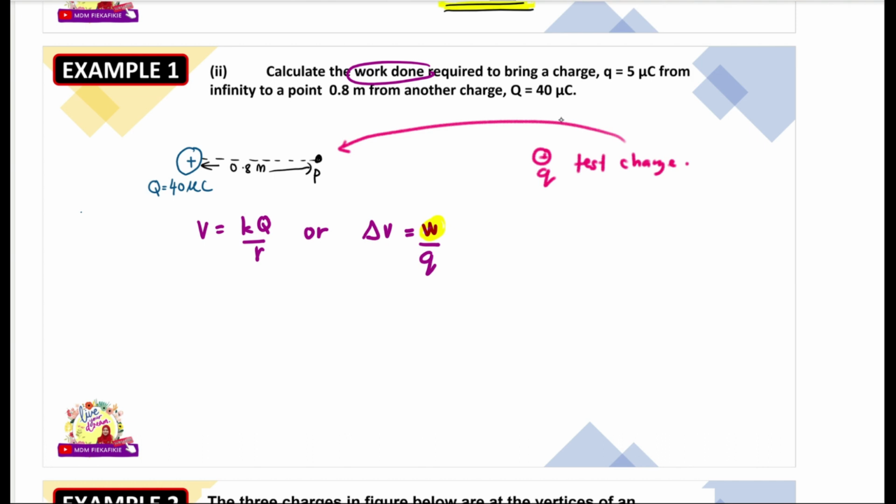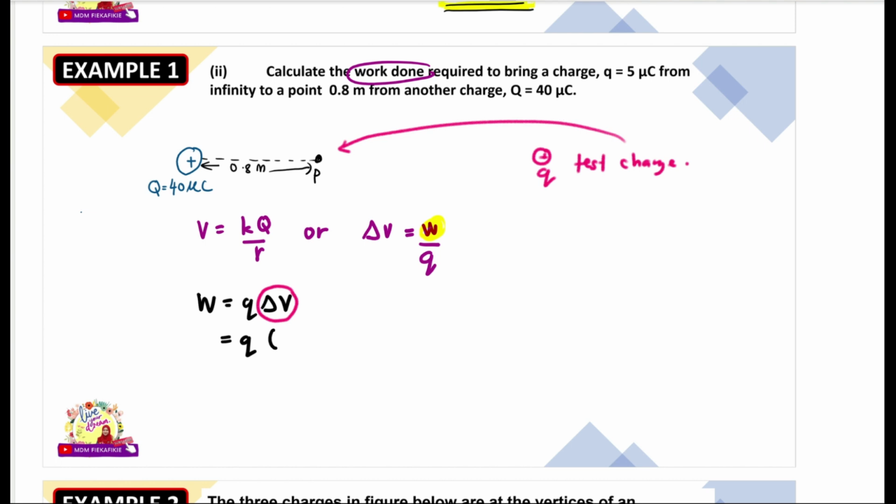So W is equal to Q times delta V, where delta V is the electric potential difference between infinity and point tadi. Kita boleh tulislah dekat sini Q. We want to bring the charge from infinity.